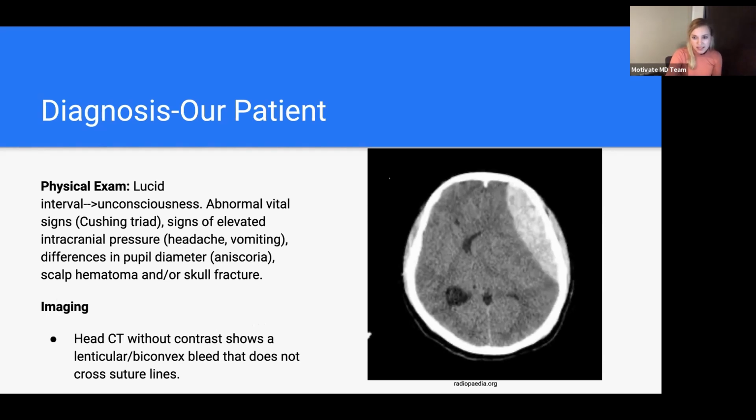Any questions about that? No? Okay. In this picture, I think it's a little bit easier to see just how much pressure this bleed is actually causing on the brain. So the midline should be right here, but it looks like the patient's brain is actually moving a little bit.